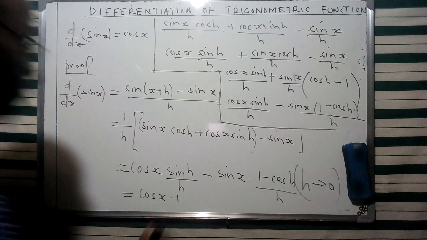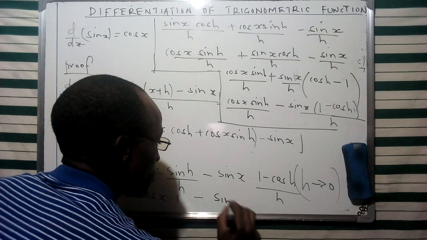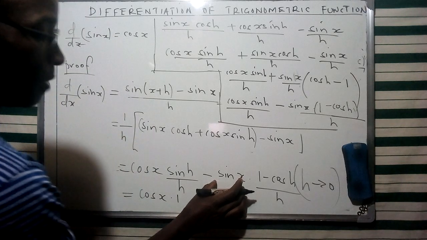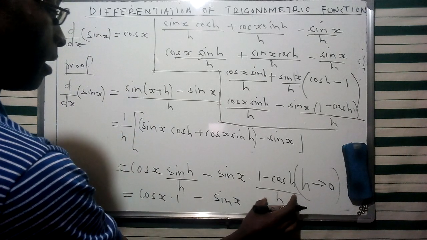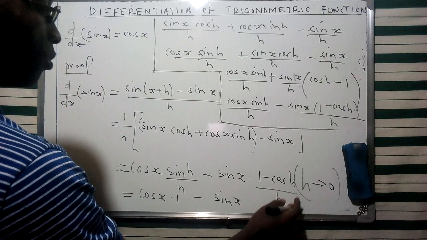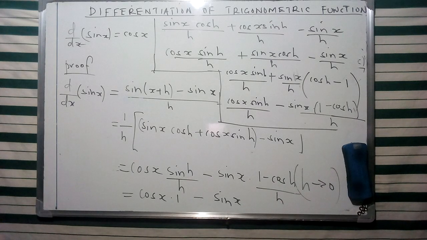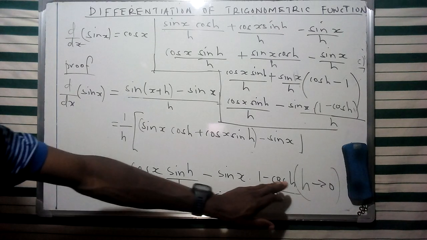And then we're going to have minus the second section, which is the sine of x, this one. So as h tends to 0, this second function for the cosine h is going to represent 1.